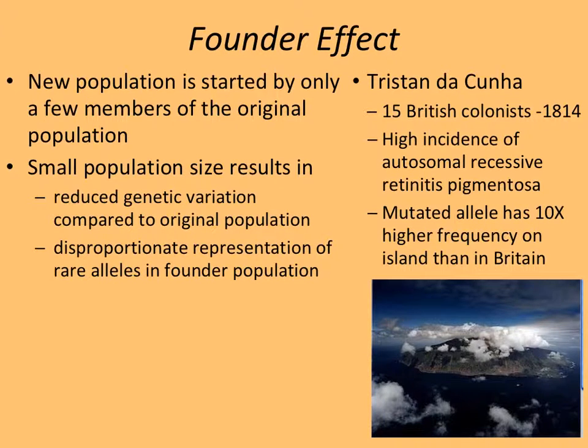The subset of individuals probably has a different frequency of alleles, just like we had with the population bottleneck before, when the whole population was reduced in size. That's a bottleneck, which you would usually think happens, let's say, with a big disease or something like that. So this is just starting a new population, and it's a small population.